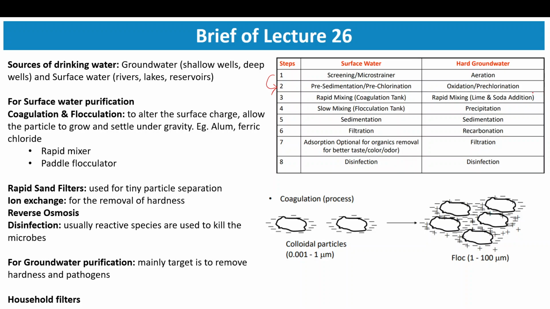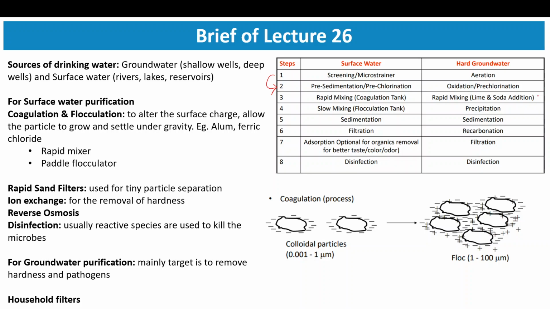Then for hardness removal, we can have the lime soda process, which will result in the precipitation of hardness, like the calcium and magnesium salts present, and later there will be sedimentation of the precipitates formed.